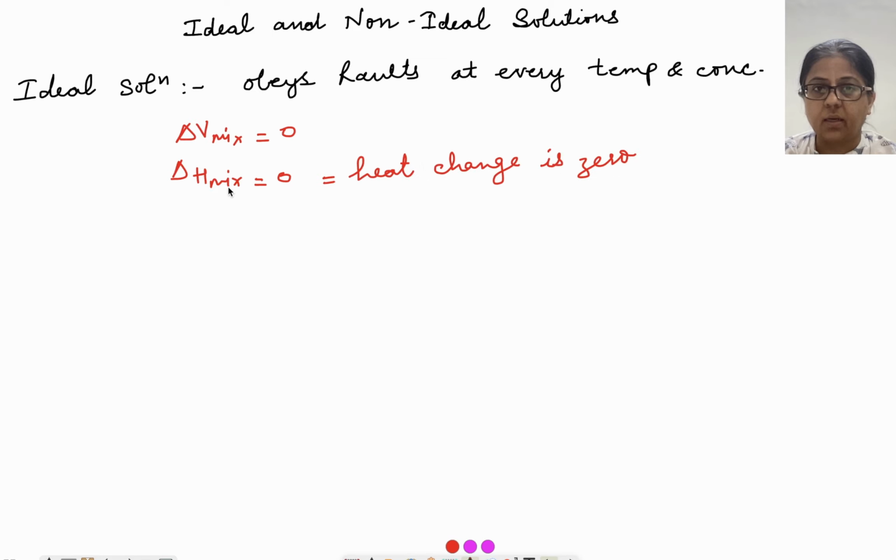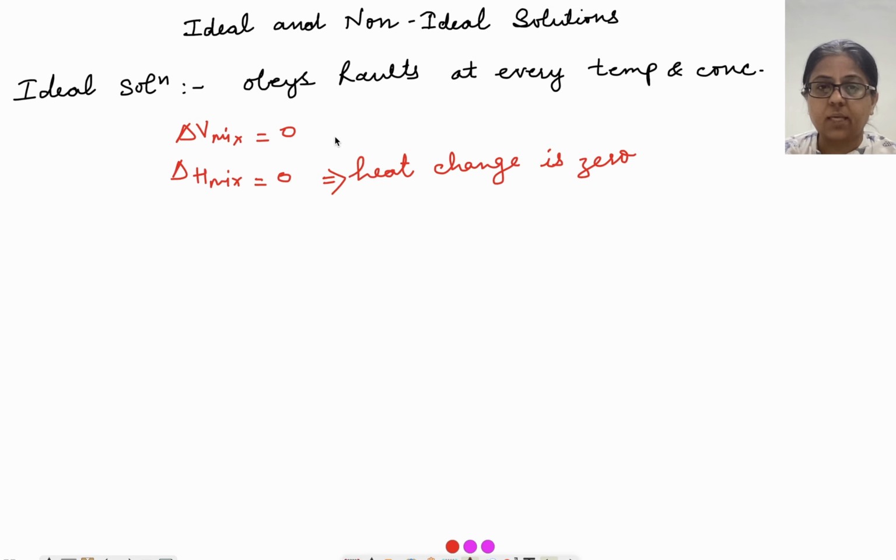This means that delta H is equal to 0. And delta V mixing is 0 means that the change in volume after mixing the two components will be equal to 0. There will be no increase in volume and also no decrease in volume.